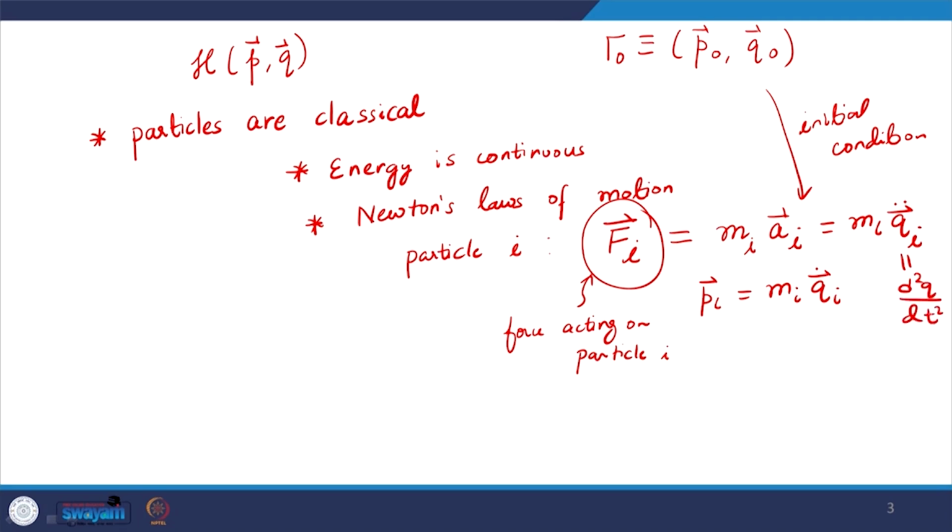So, solving a second order differential equation, and we know the initial condition in terms of the momentum and the coordinates of all the particles. So, we can do it for every particle in the system, and then we know how the system is evolving.